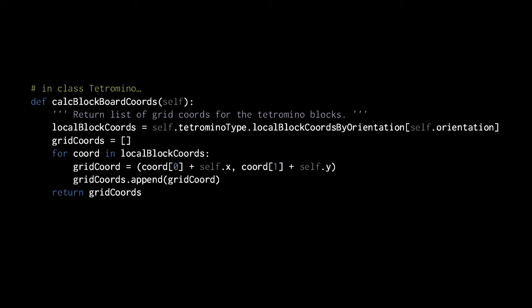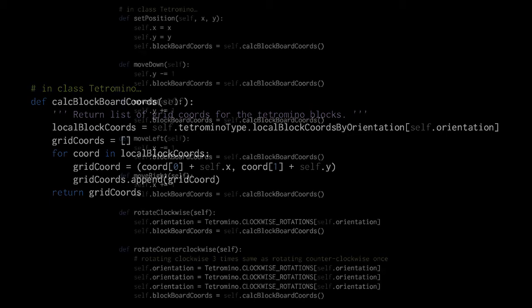And remember that each xy coordinate is expressed as a tuple of 2 integers. So we create a new list, grid coords, iterate over the local block coordinates, calculating each new grid coord by retrieving the local x as coord 0 and adding self.x, and retrieving the local y as coord 1 and adding self.y, and then appending each new coordinate to grid coords. Once we have our new list of translated grid coords, we can return it.